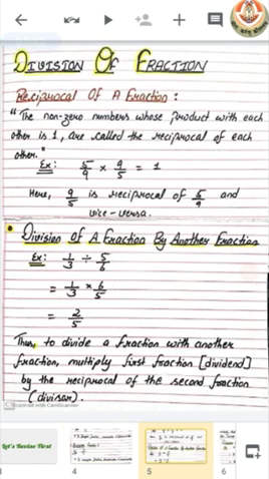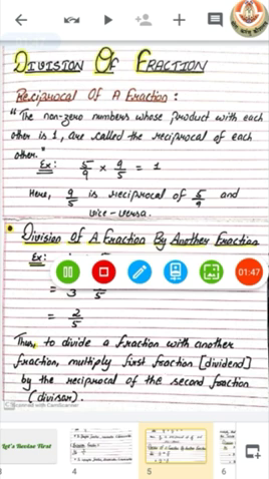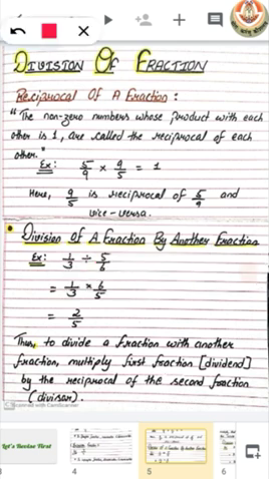Now, division of fractions. We know what division is and what a fraction is, but how can we solve division for fractions? For that we have to know what a reciprocal is.